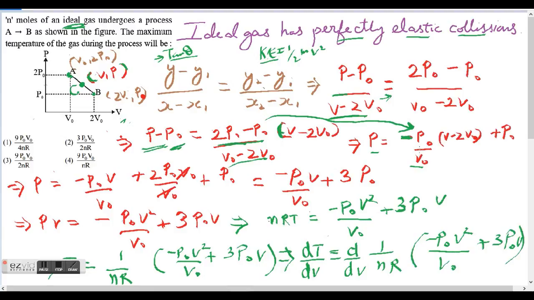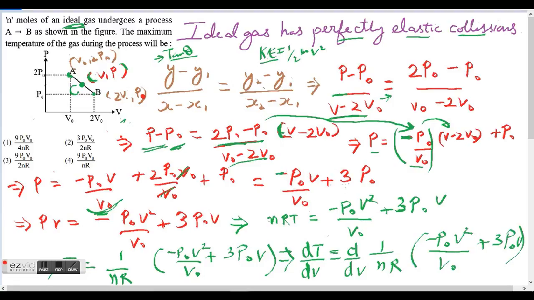Now I will try to solve this further, and the way I'm going to do it is by multiplying this into this to get negative P0 V over V0, right, plus 2P0 V0 over V0, and then this V0 and this V0 can cancel out, plus P0.